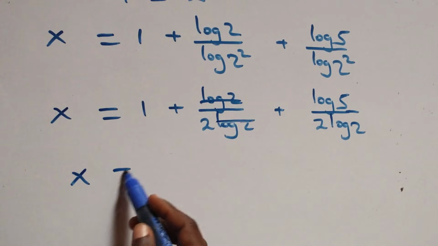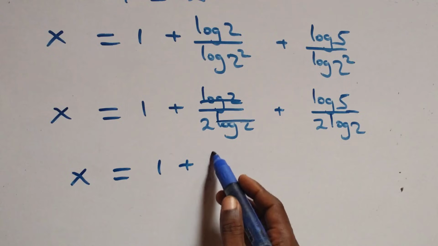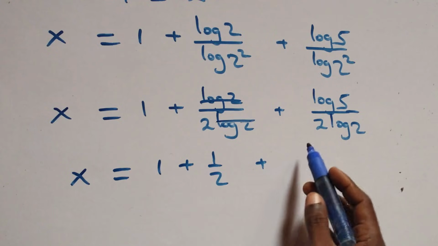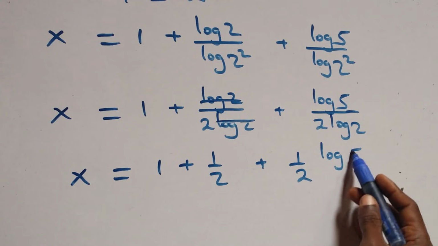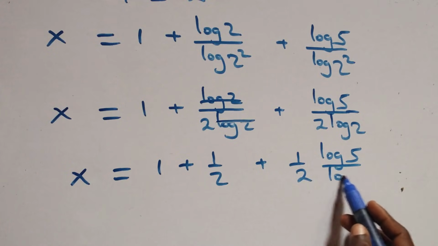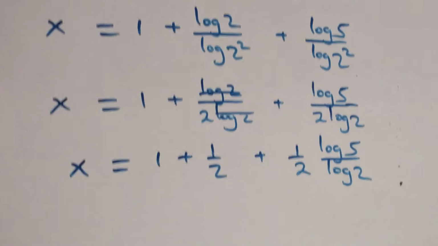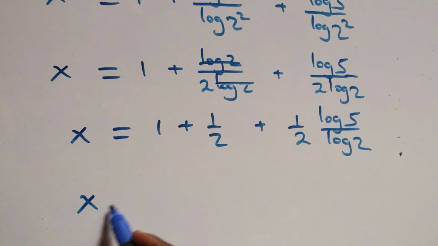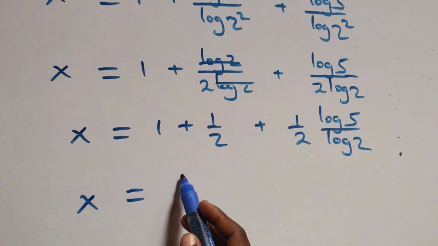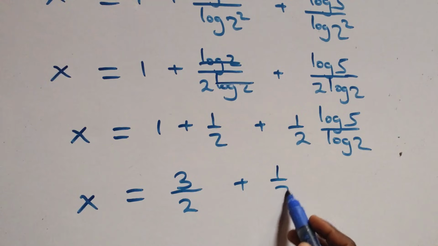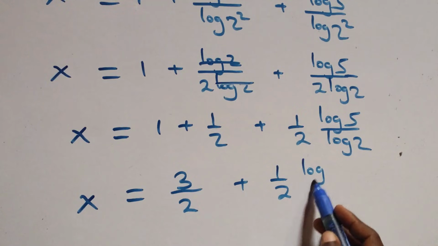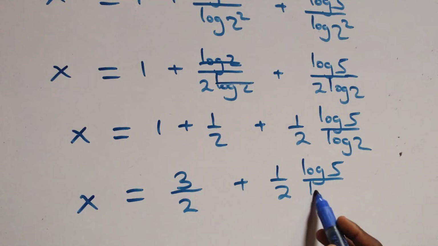This becomes x equals 1 plus 1 over 2 here, plus here also we have 1 over 2 times log 5 over log 2. That is, here we have x equals 1 plus 1 over 2, same thing as 3 over 2, plus 1 over 2 log 5 over log 2.